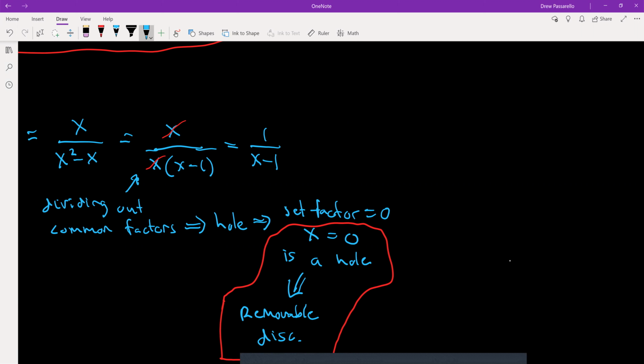For the vertical asymptote, you set x minus 1 equal to 0. You get x equals 1 is the vertical asymptote. Since it's a vertical asymptote, that means it's a non-removable discontinuity.